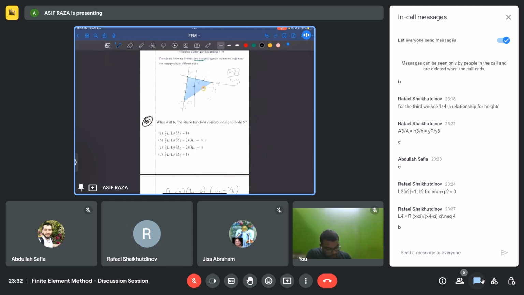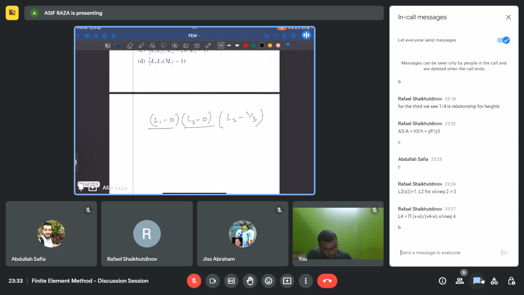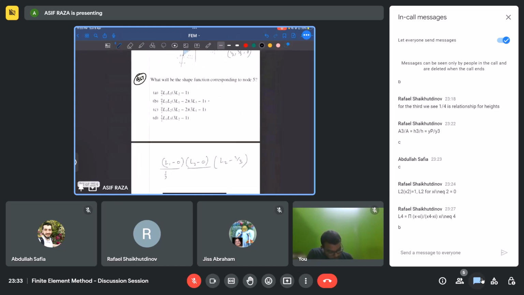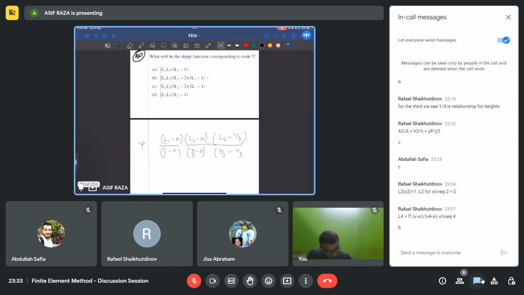We have the coordinates of node 5: L1 is equal to 1/3, L2 is equal to 2/3, and L3 is equal to 0. So this would be 1/3 minus 0, this is 2/3 minus 0, and this is 2/3 minus 1/3. This is what I was feeling should be the answer.